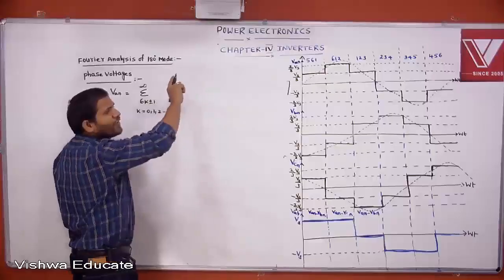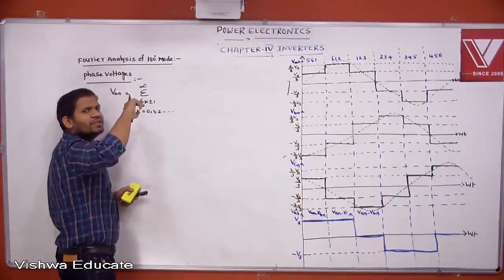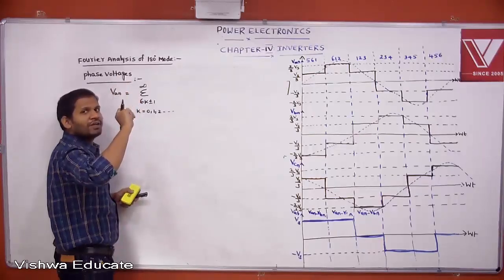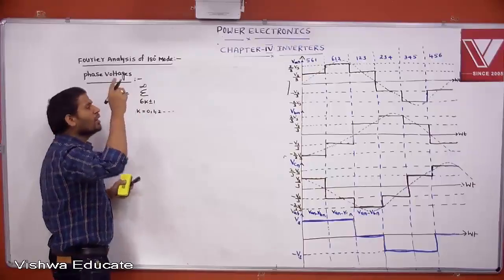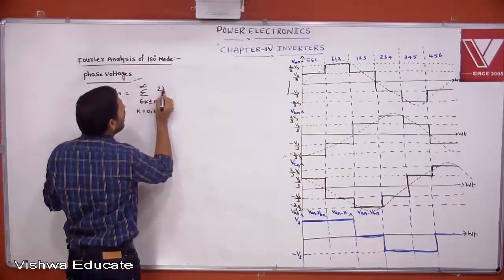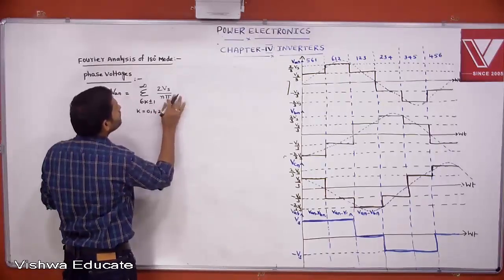Tell me, the phase voltage, right? I told you a 3-phase bridge inverter is nothing but a combination of 3 half bridge inverters. Here I am talking about one phase. One phase is nothing but a half bridge inverter. You already know the formula for the half bridge inverter: 2 Vs by n pi.